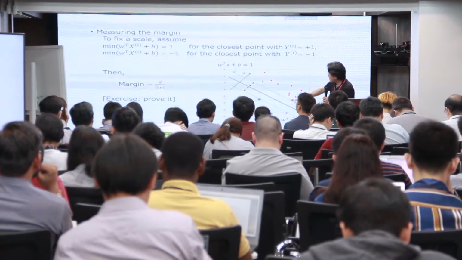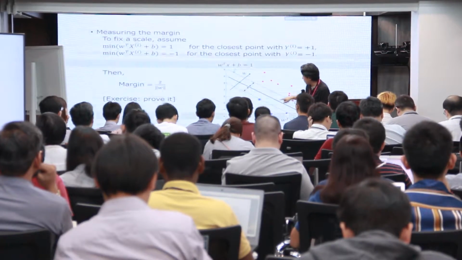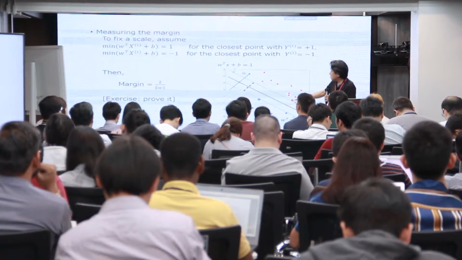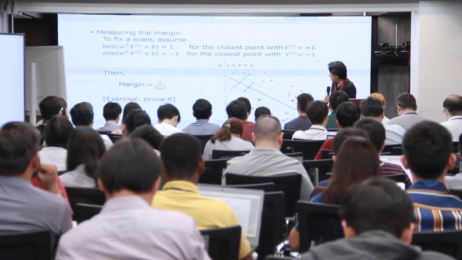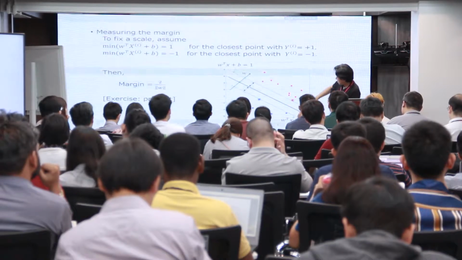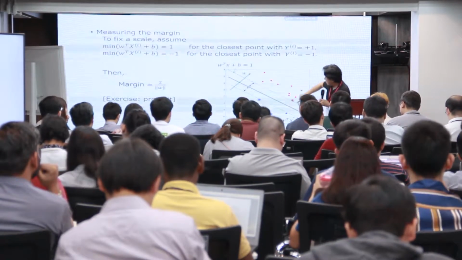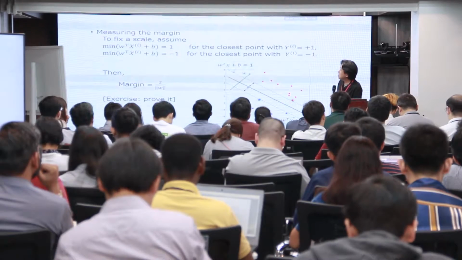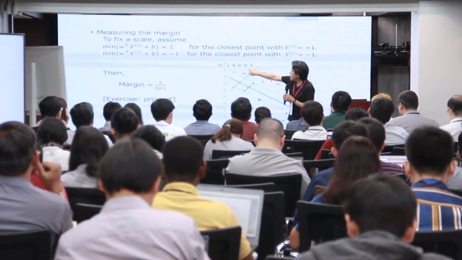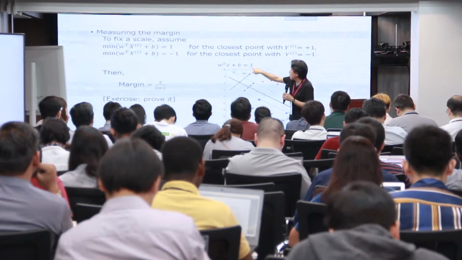We have support vectors here, the nearest points to the hyperplane. Let's say that the hyperplane which contains the nearest one is given by wx plus b is equal to 1.